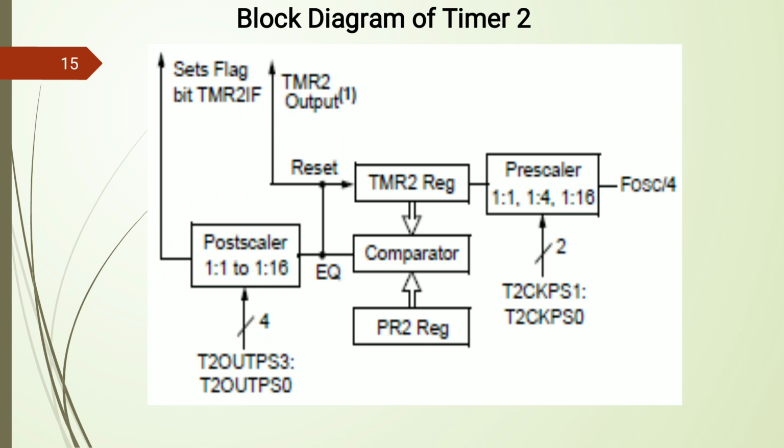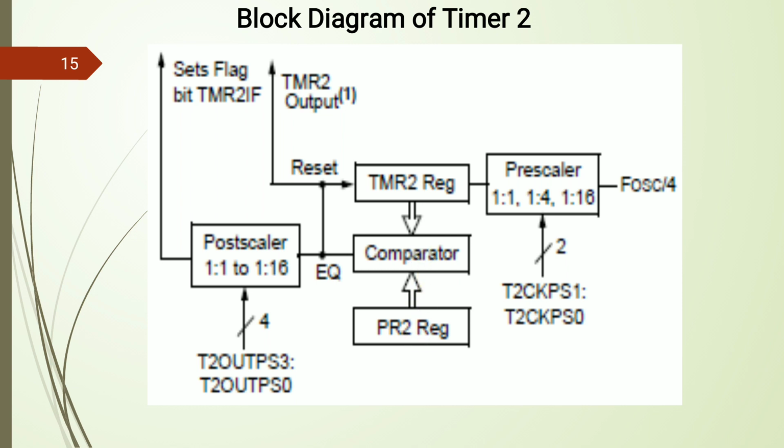In this way timer 2 works with the help of the pre-scaler as well as the post scaler. While using timer 2, both scaling options are available and both are used as per the need of the user. The prescaler is initially associated with the internal clock pulses, and based on that it sends a signal to timer 2. Timer 2's count continuously increments and is compared with the count loaded in the PR2 register.